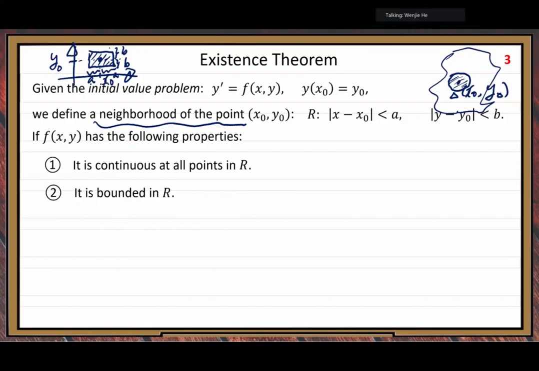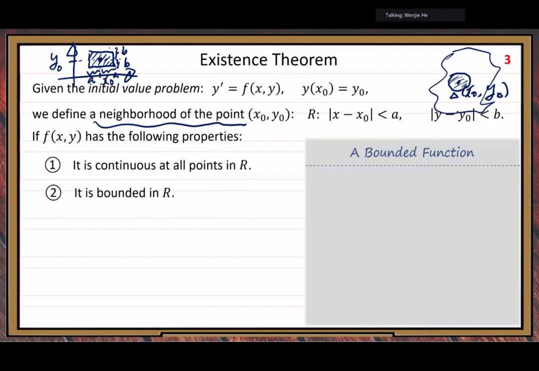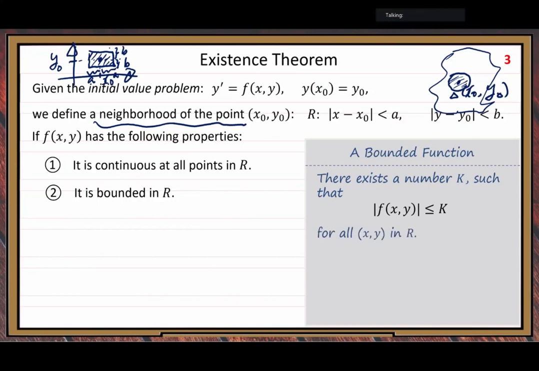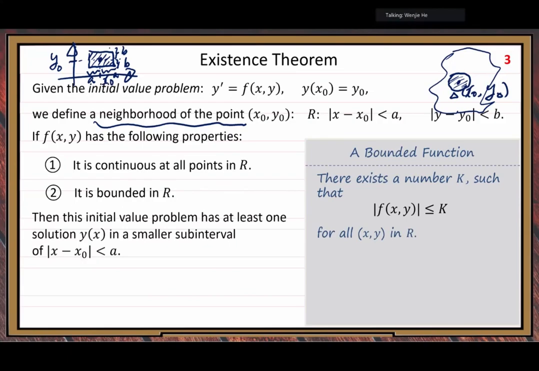Here, a bounded function means there exists a number capital K such that the absolute value of f is less than or equal to K. Then we call this function a bounded function. Then the conclusion.